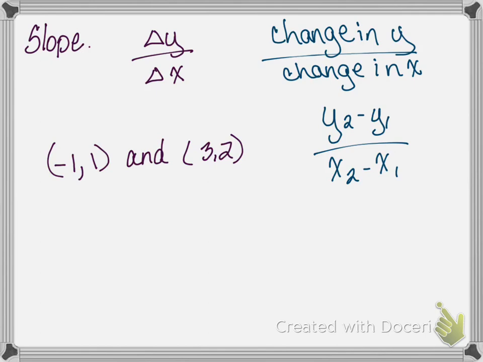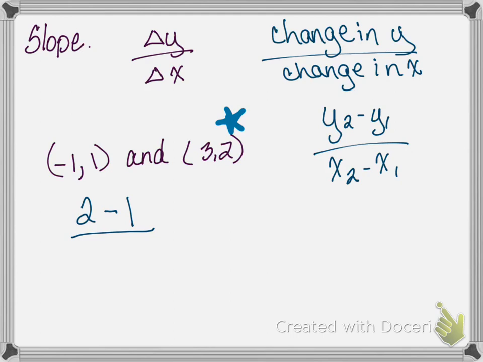So for this one, I am going to start with this point right here. 3 over 2. So I've got to start with my y value first. So I am going to have 2 minus 1. Now, because I started with this point for my y value, I have to start with that point for my x value. I can't switch that. Okay?